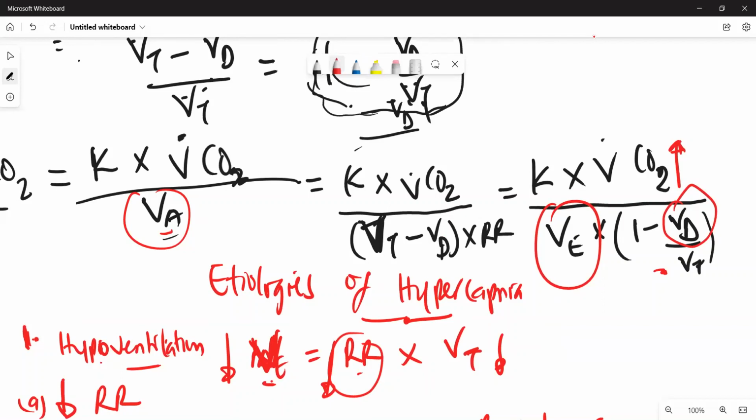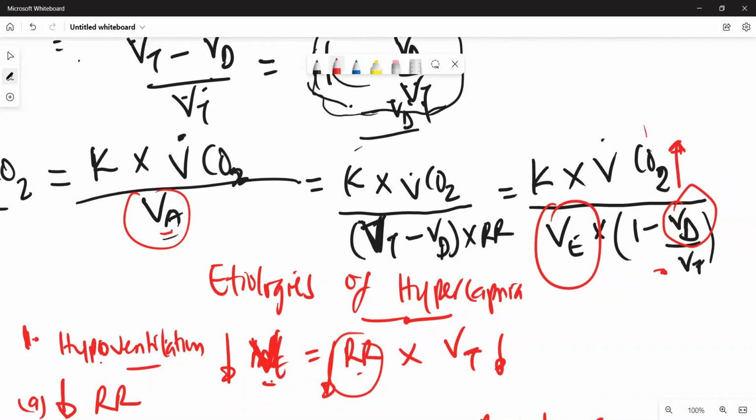We can estimate that proportion by using tidal volume minus dead space divided by tidal volume, which we can simplify to 1 minus dead space divided by tidal volume. And you can multiply that by the total ventilation, and that will give you what the alveolar ventilation is supposed to be, right? And once you come up with this formula, then we can easily identify what the etiology of hypercapnic respiratory failure can be.